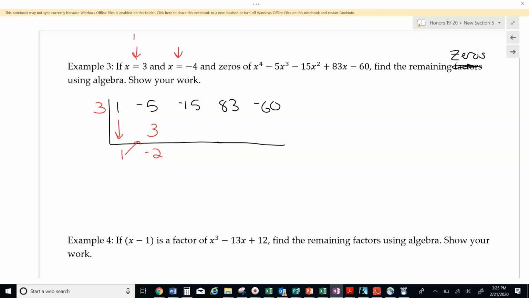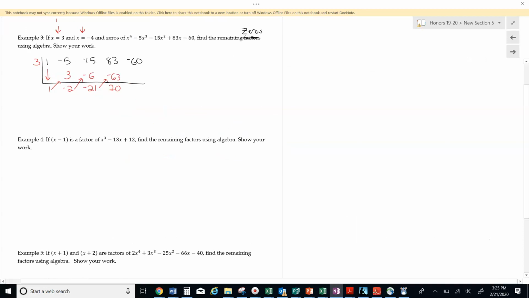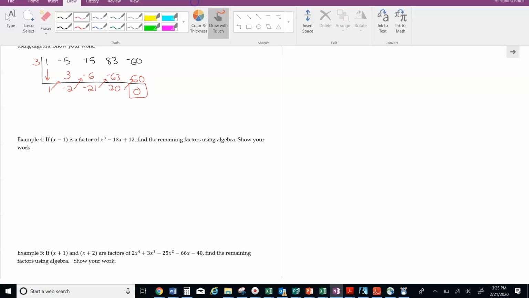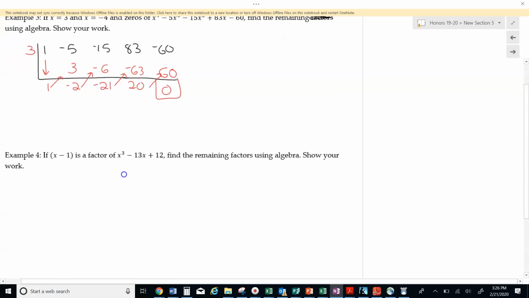That's negative 2. 3 times negative 2 is negative 6. Negative 21. 3 times negative 21 is negative 63. That's 20. 3 times 20 is 60. And that is 0. So we want.